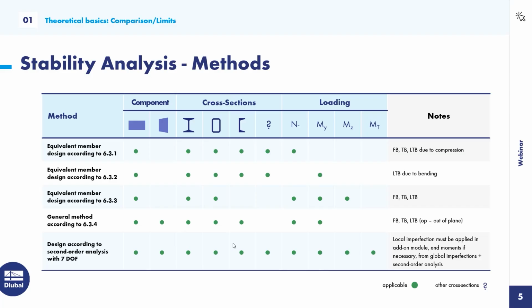We will do that later in an example. And with the examples, I will compare these 3 methods: equivalent member design according to 6.3.3, the general method, and the design according to second order analysis with 7 degrees of freedom.